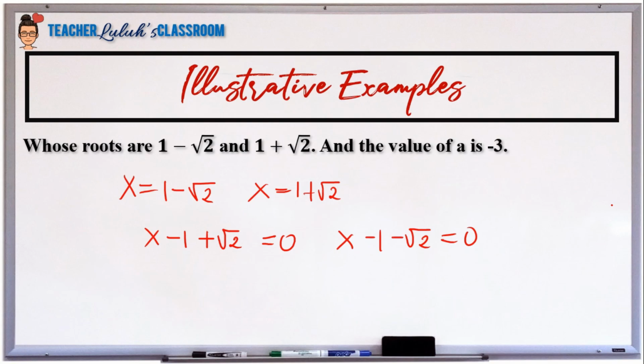Yes, it looks complicated, and yes, it will be complicated. So we are going to use another method, but it is going to be in the next lesson. So right now, we have something to look forward to. We are going to find out how to derive quadratic equations if the roots looks like this.